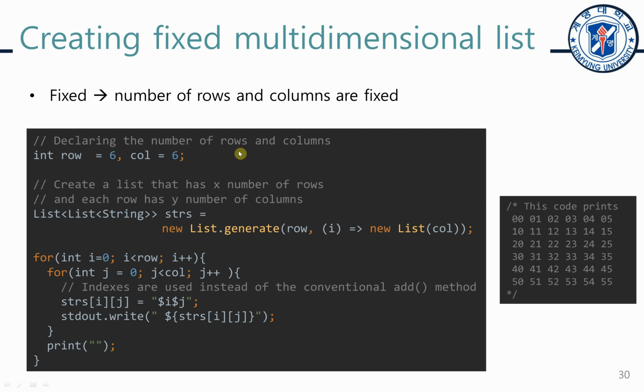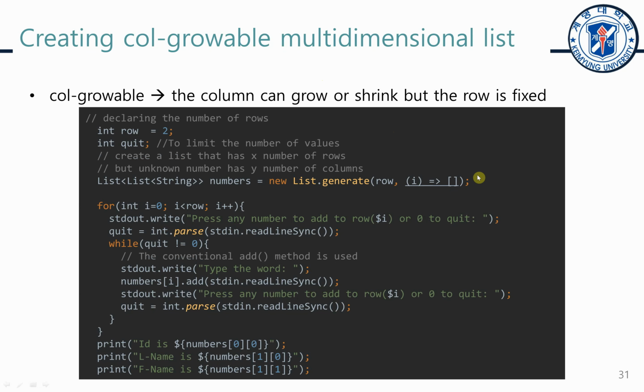So we can have only 6 elements, 0, 1, 2, 3, 4, 5. So there are 6 elements. But in this case, to have unlimited column elements, we can create, as you can see, the normal one. The list will contain lists of strings, but the number of columns is unknown.